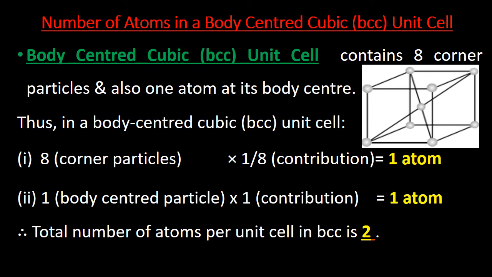Thus, there are 8 corner particles whose contribution is 1 by 8 each, that is equal to 1 atom, and there is one body-centered particle whose contribution is 1, that is equal to 1 atom. Totally, there are 2 atoms per unit cell in a body-centered cubic unit cell.